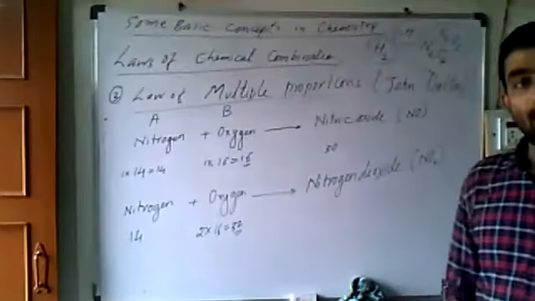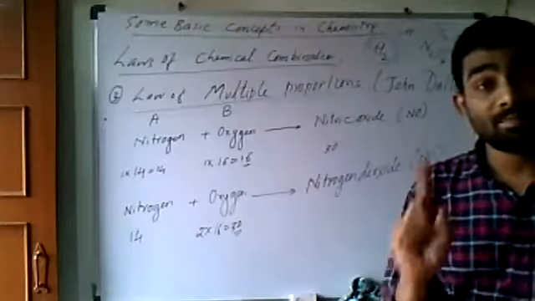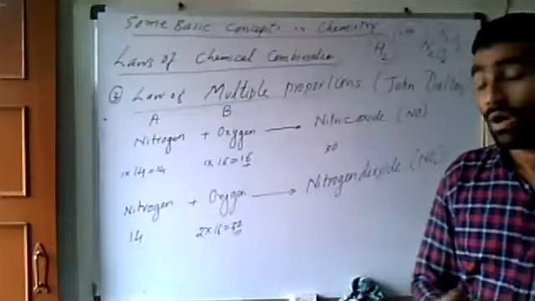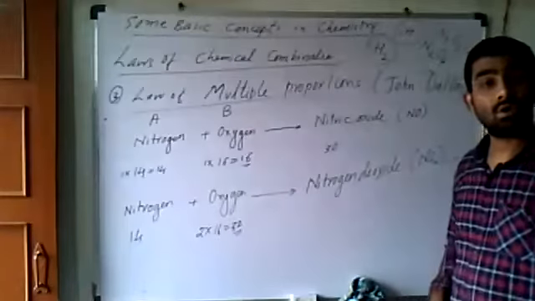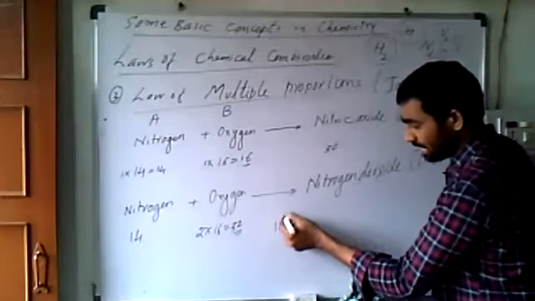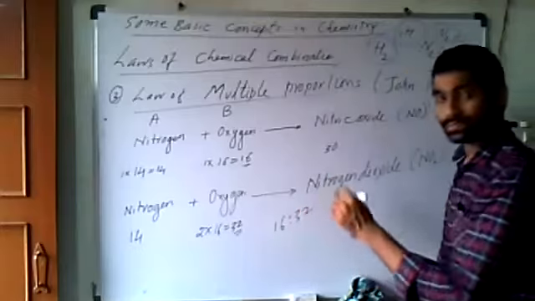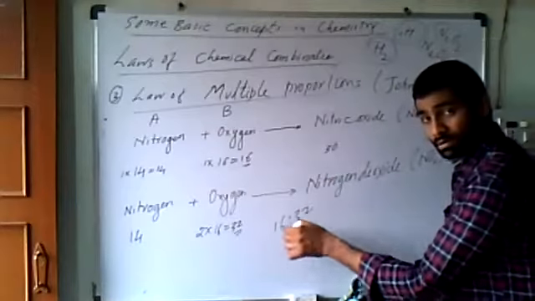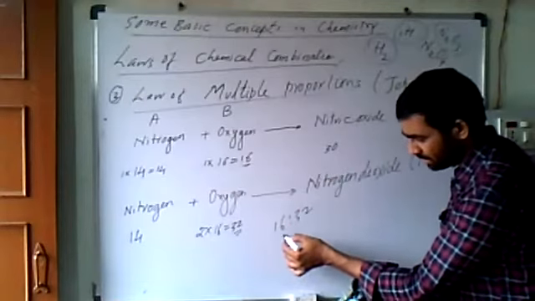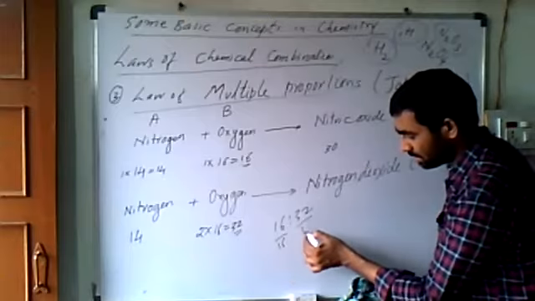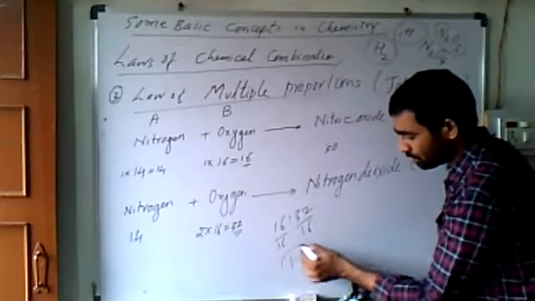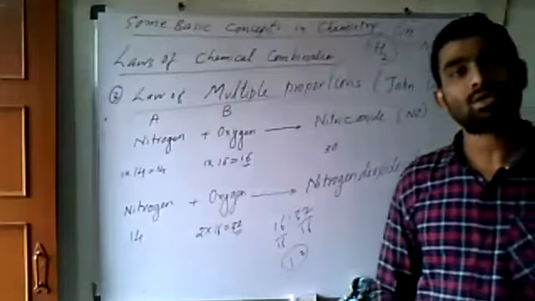So the mass of oxygen, that is B, according to the statement, must be in a small whole number ratio. So we can write 16 is to 32. If you divide by 16, 16 by 16, 32 by 16, it is 1 is to 2. This is the smallest whole number ratio.